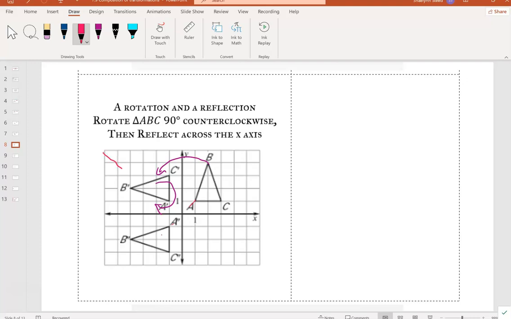But this looks to be a reflection over the line y equals -x. So if we do a rotation followed by a reflection, we just end up with a reflection. In this case, we ended up with a reflection over y equals -x.